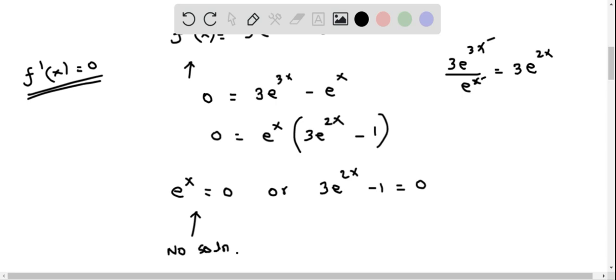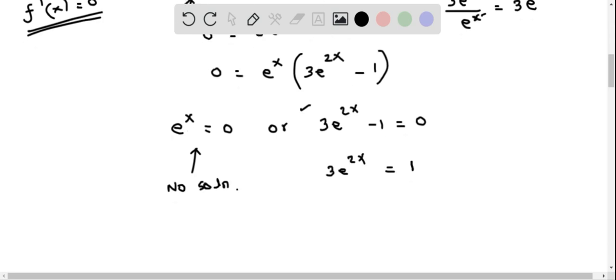And let's consider this equation, that is 3 e power 2x minus 1 equals 0. We first add 1 to both sides, so we get 3 e power 2x, and this equals 1. Now we divide both sides by 3, so we get e power 2x equals 1 by 3.